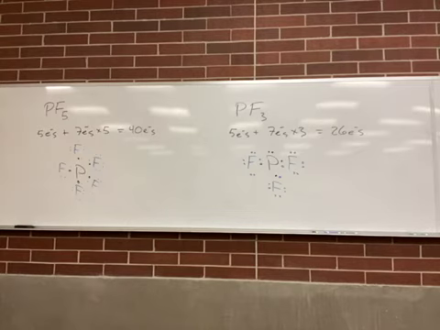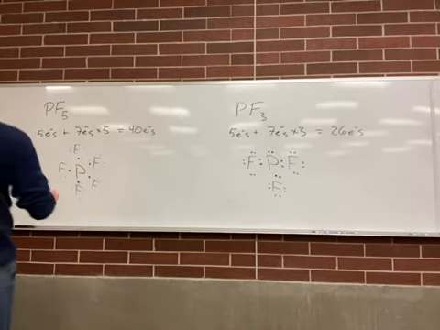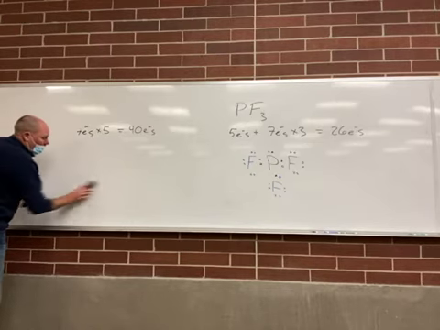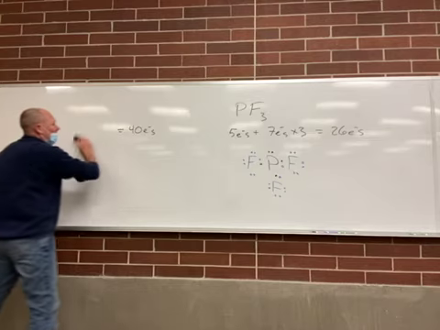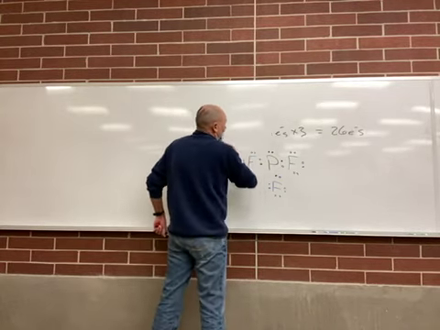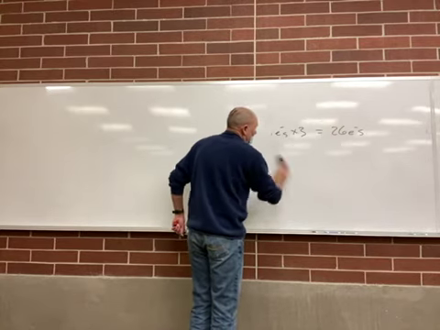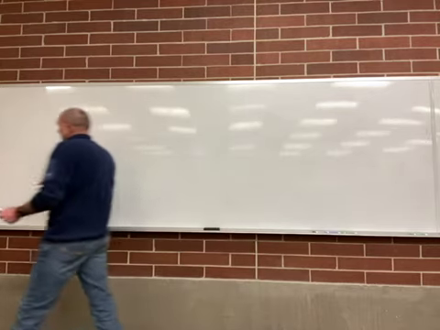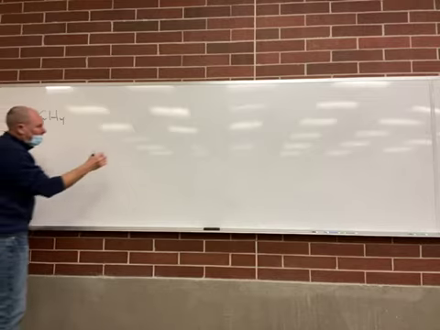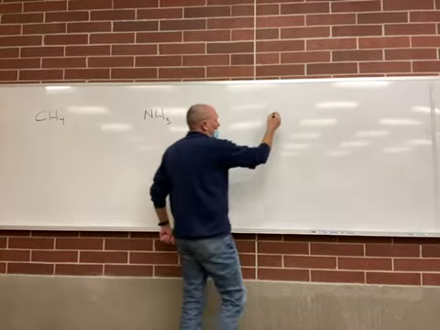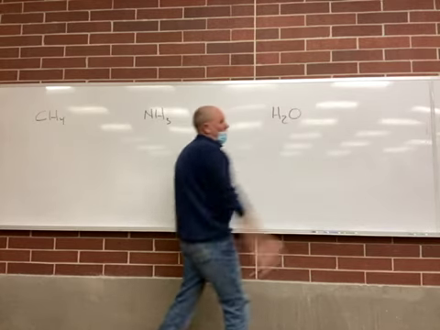Now, going back to constructing good Lewis dot structures for 3 molecules, we're going to move into what's called valence shell electron pair repulsion theory, VSEPR. So we're going to reconstruct methane, ammonia, and water.